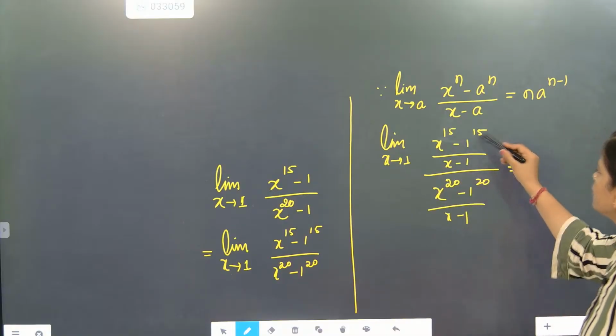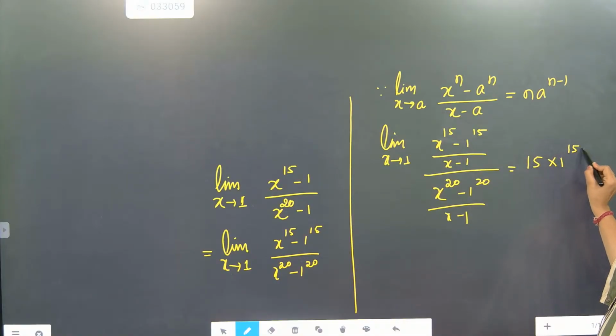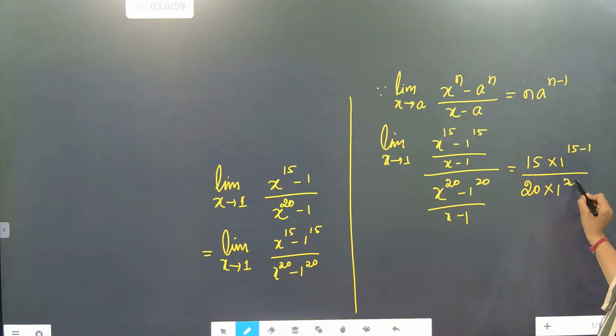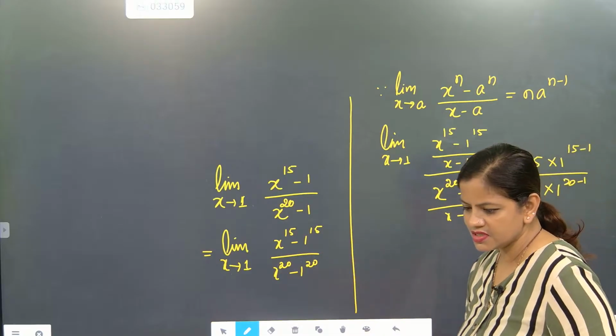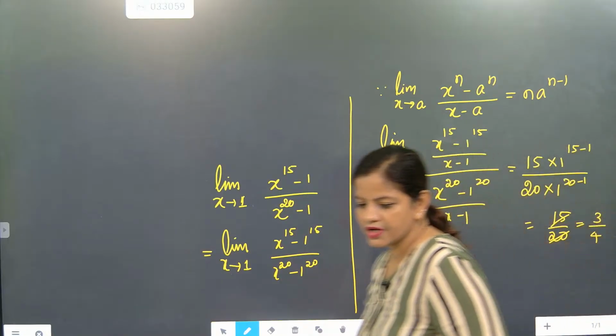So first, 15 into 1 to the power 15 minus 1, n a to the power n minus 1, and 20 into 1 to the power 20 minus 1. 1 to the power anything stays 1. So it will become 15 by 20. 5 3s are 15, 5 4s are 20. So answer will become 3 by 4.